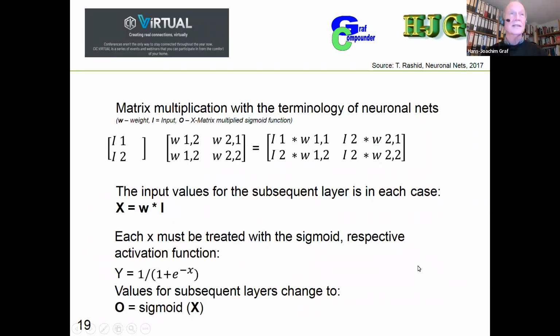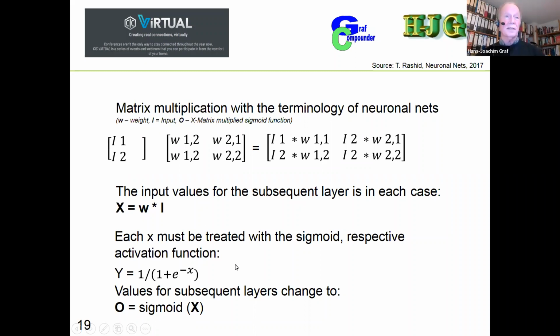What he explains is that all this is matrix multiplication, with the terminology of neural nets. So you have columns times rows, that is matrix multiplication. I have that written here in those terms. That is my weight, that's my input, and that's my matrix.